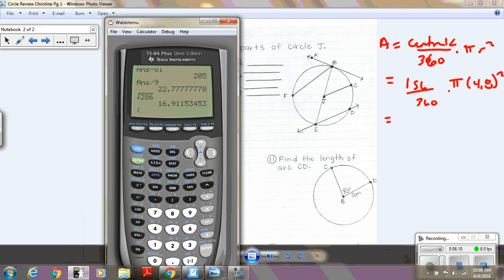So I would type 156 divided by 360 times pi 4.8 squared.